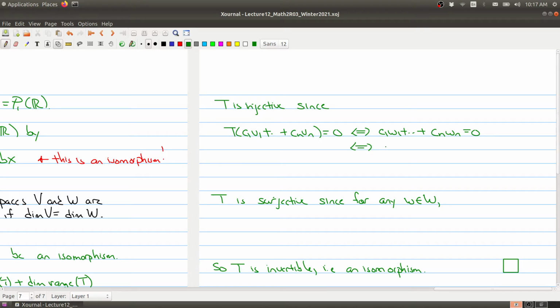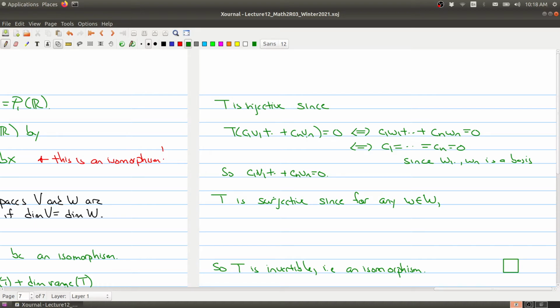And this happens if and only if C1 up to Cn equals 0, since W1 up to Wn is a basis. The only way to write 0 as a linear combination of your basis elements is if all the coefficients are 0. So we know that C1 times V1 up to Cn times Vn is equal to 0. So it's injective because the only element that gets sent to 0 is 0.